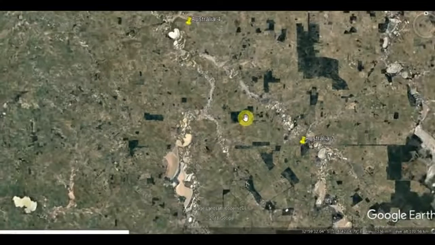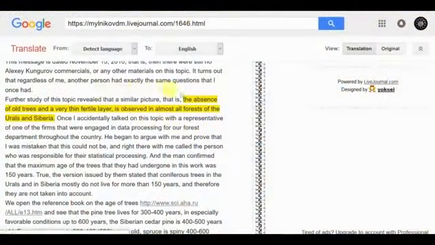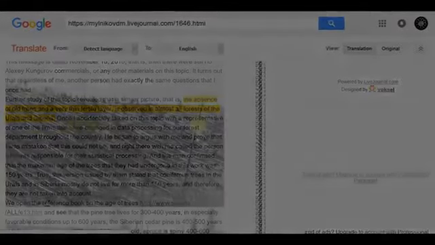And going back to Siberia for a second, I just want to bring up, I talked about the trees in Siberia. There's an absence of old trees in a very thin, fertile layer, which is observed in almost all the forests of the Urals and Siberia.